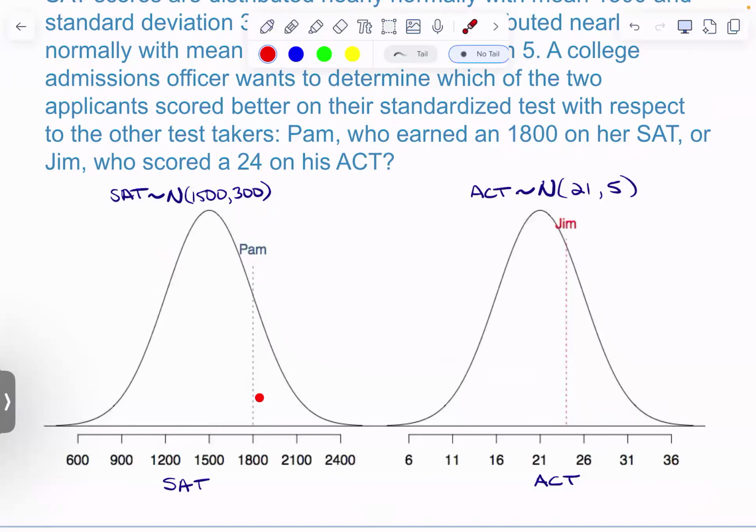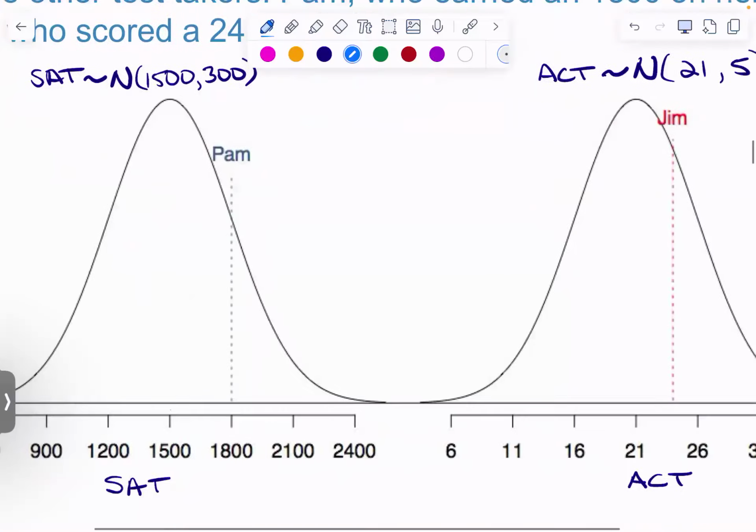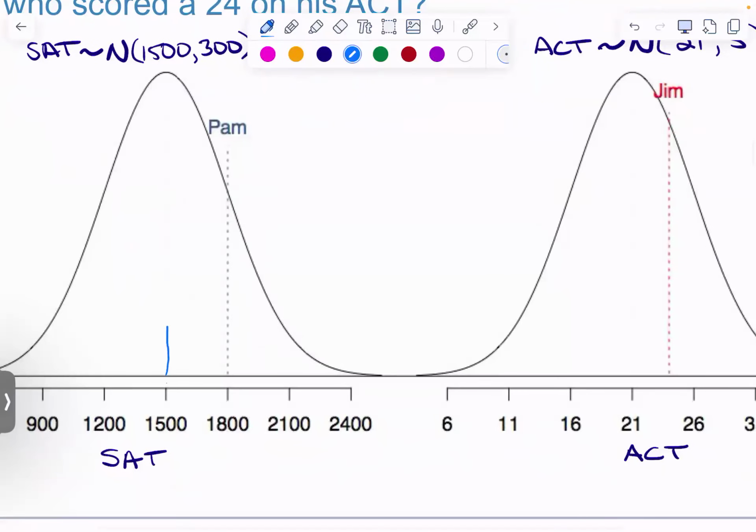To compare these scores, we're going to translate each to how many standard deviations above the mean they scored. There's a very faint line here, I'll fill it in with red because it's nice to see.